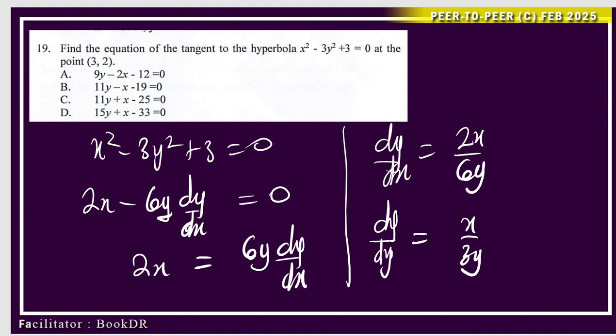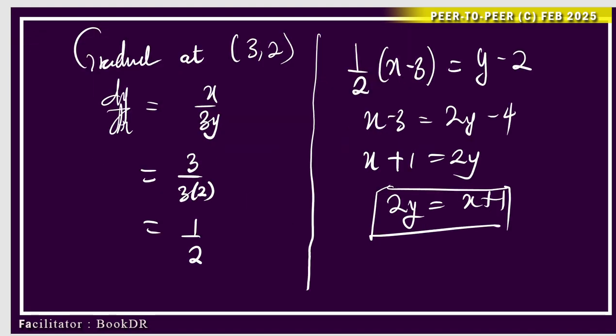Then the point is 3, 2. So we substitute to find the gradient. So 3 on top, 2 down. Cancelling out, we have 1 over 2. Then we are using the same point because the tangent passes through that point, 3, 2, so it will be x minus 3, y minus 2. Clearing fraction, we have 2y and then 4.